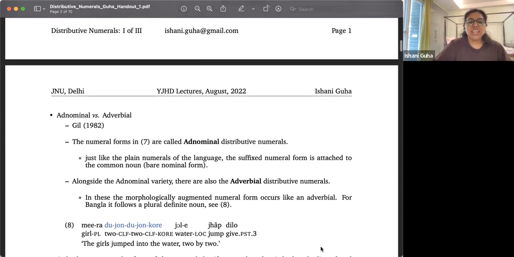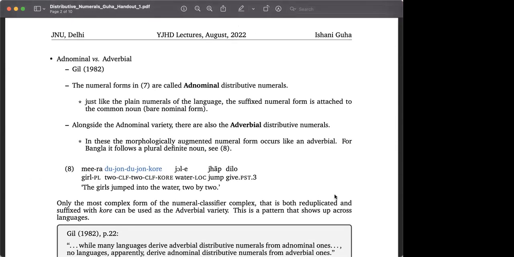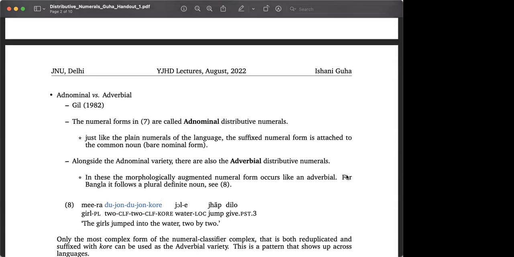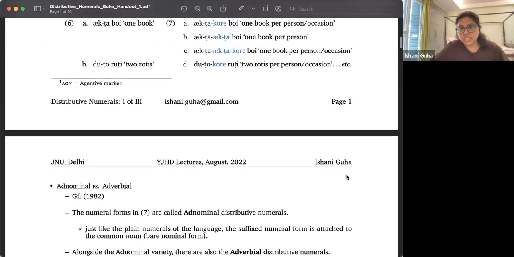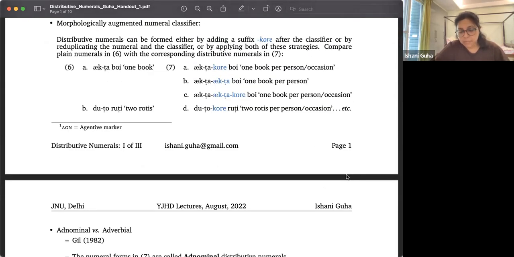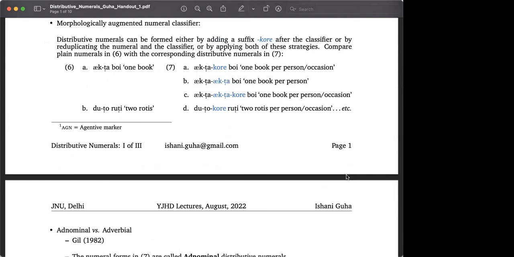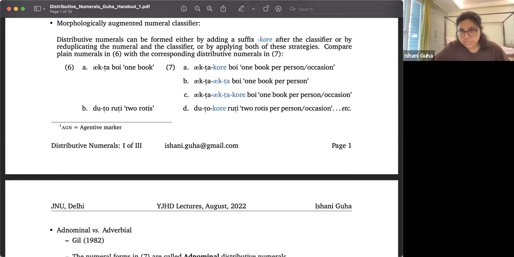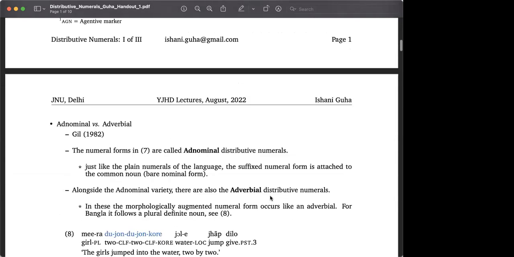In Bangla we have the adnominal form ekta, right? And we cannot have kore with it. So we can say এক একজন এক একটা বই পড়েছে, for which we'll get the first meaning, for example one each.